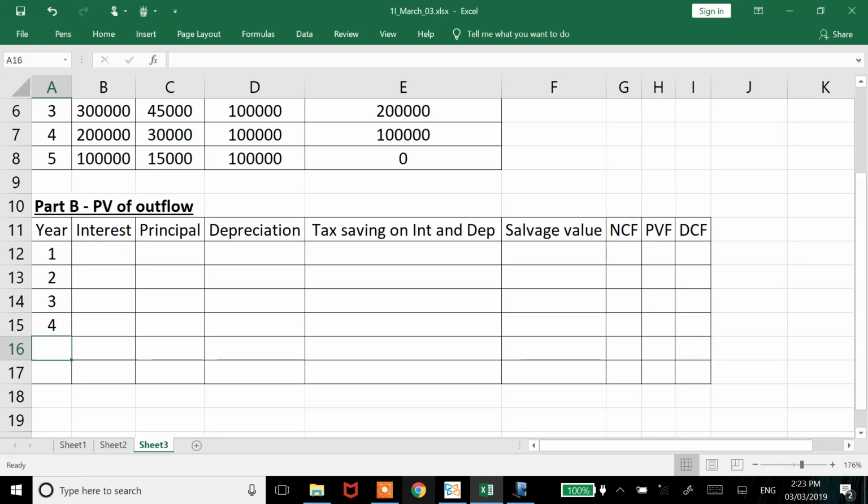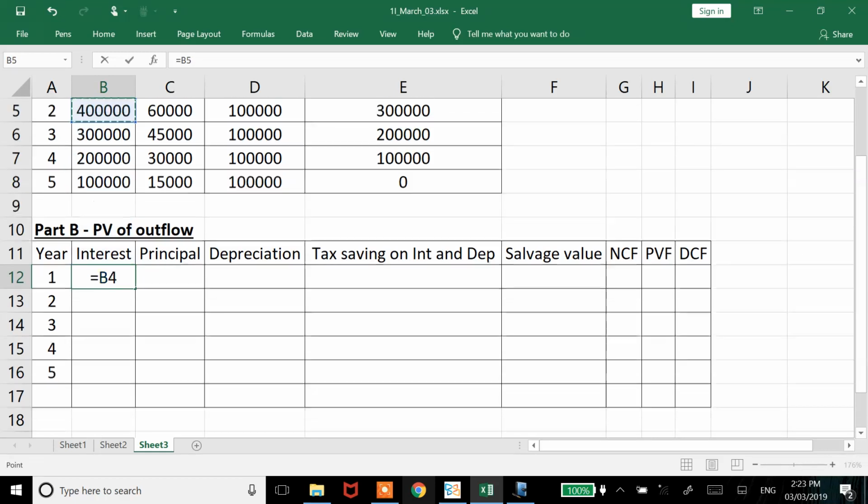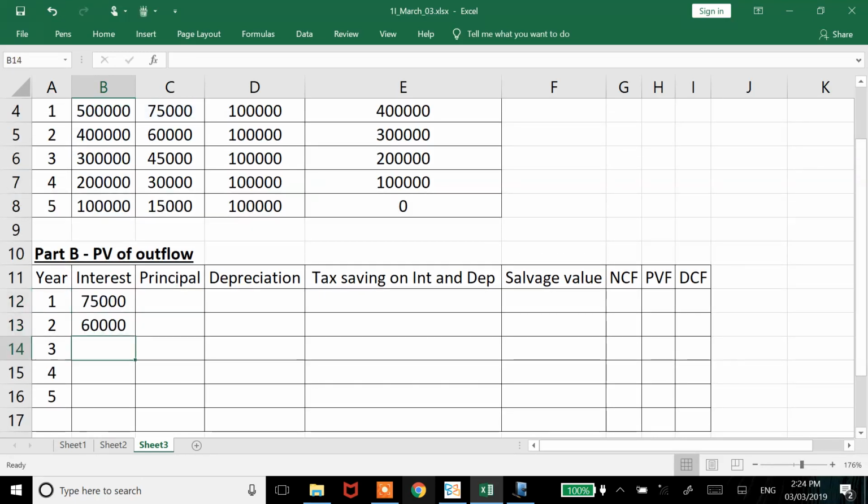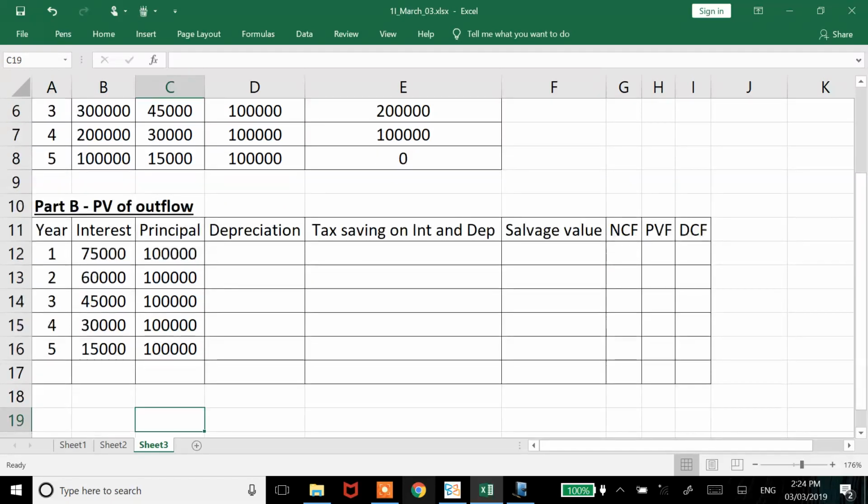Five years, copy paste interest and principal. Interest and principal is copied.